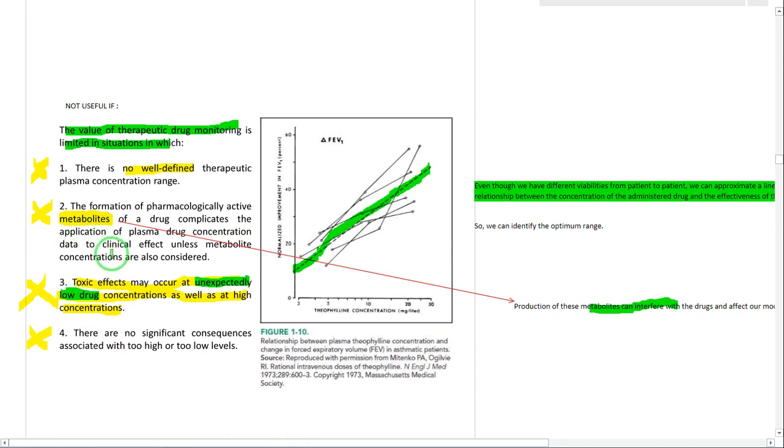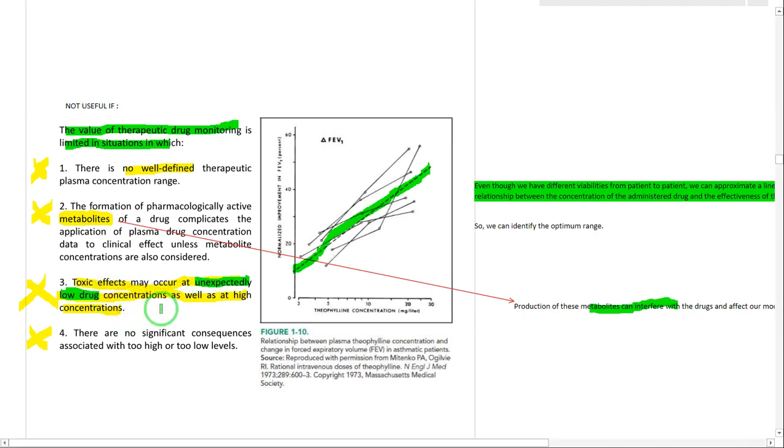Sometimes there are toxic effects which show high toxicity even at low concentrations, so there is no chance to increase the concentration of the drug that we are going to use.